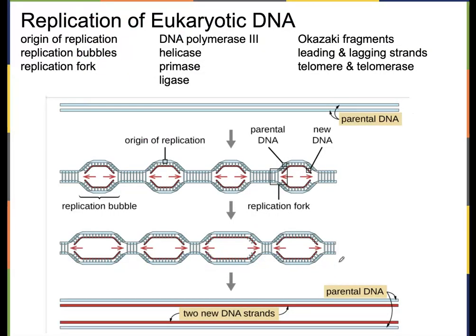So we'll talk about replication of eukaryotic DNA first. Because our DNA is a linear strand, sort of a string, it's going to be different than bacteria, because bacteria have a circle. I've listed all the terms that you want to be familiar with in the process of replication of eukaryotic DNA. So let's go through them. Here is our strand of DNA.